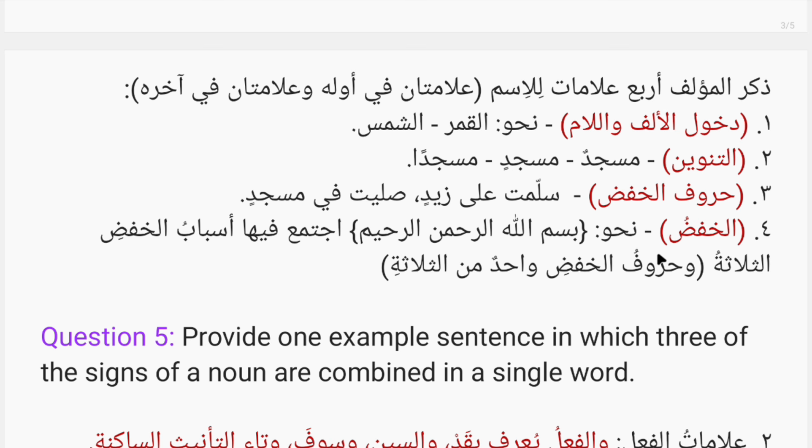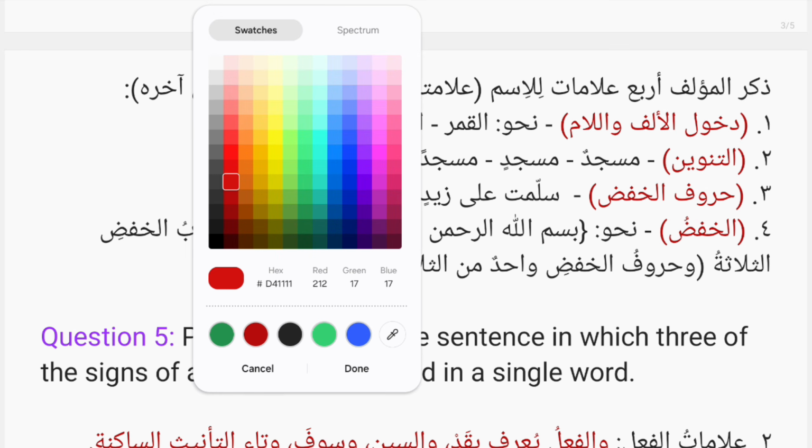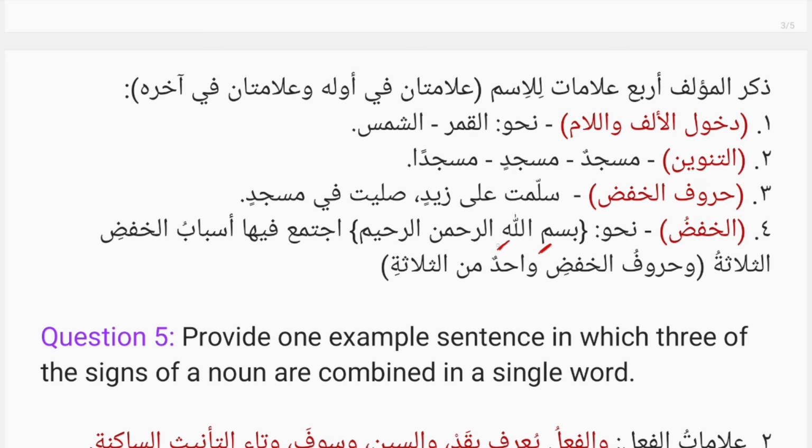So if you see a majroor word, someone says this word is majroor, you know that word that he's referring to is a noun. An example, Bismillahir Rahmanir Rahim. In Bismillahir Rahmanir Rahim, we have Ismi, Lahi, Rahmani, Rahim. We have Ismi is majroor. Why is it majroor? Because of the ba.